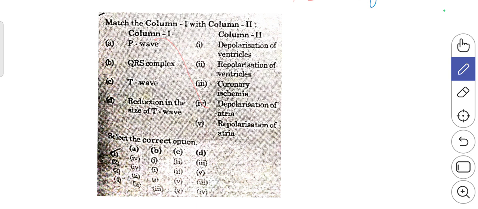It is because of the depolarization of ventricles. That is the first one. Then T wave, as you all know, it is because of what? Repolarization of ventricles. Then reduction in the size of T wave, that is coronary ischemia. So the answer will be the first one. So we'll discuss the next question.